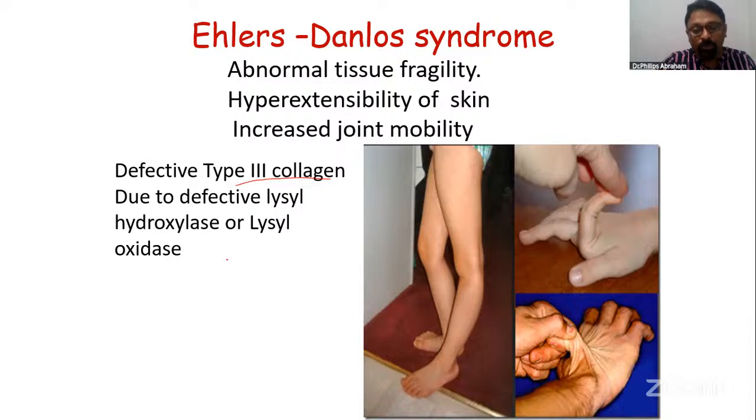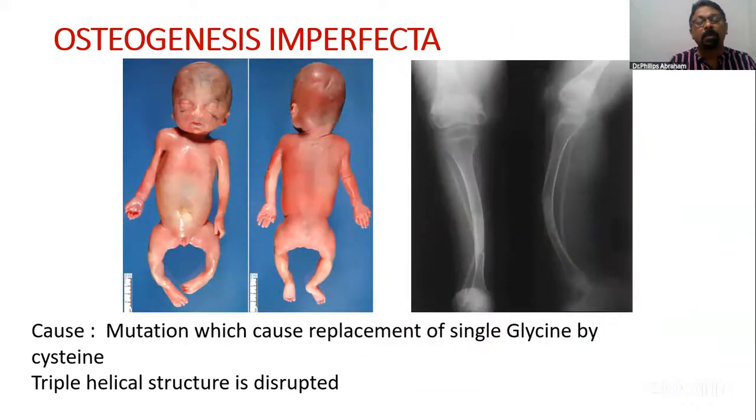One more disorder I will show you. At the time of birth, the bones will not be formed properly, very brittle. We have osteogenesis imperfecta. There, at some sites, glycine will be replaced by cysteine.